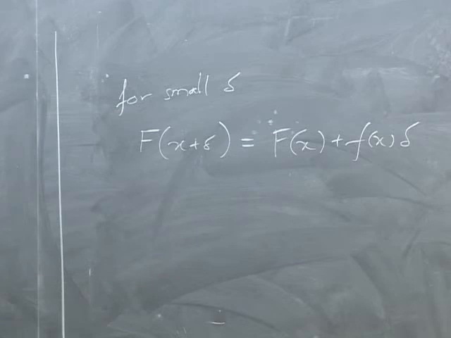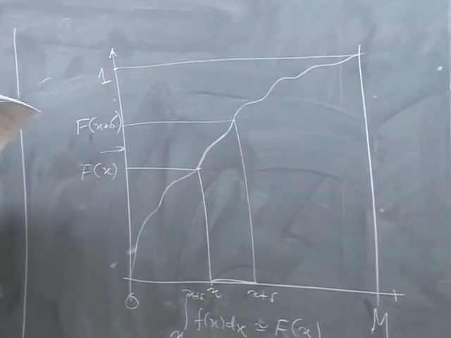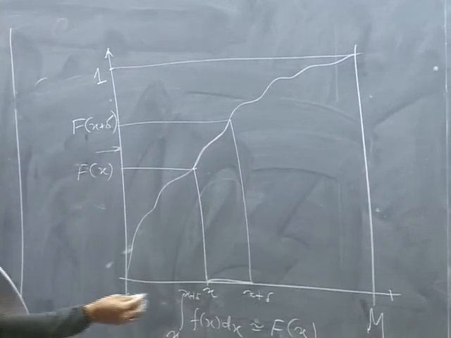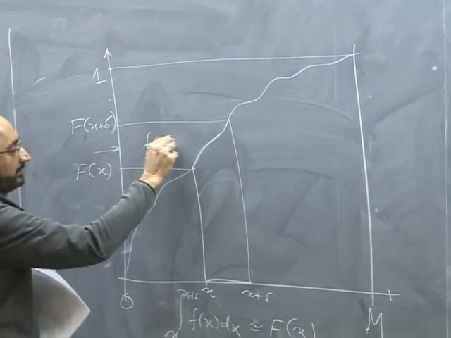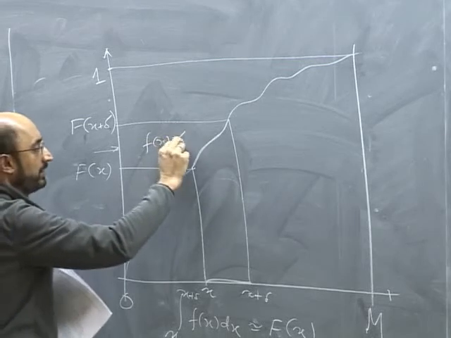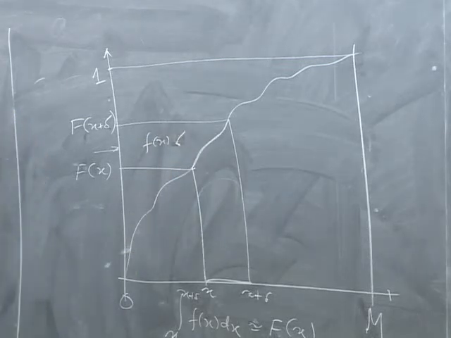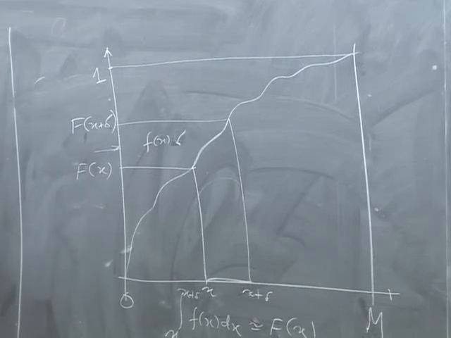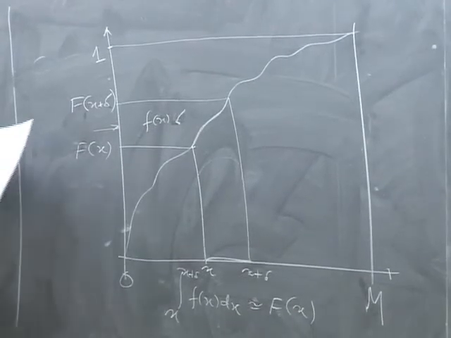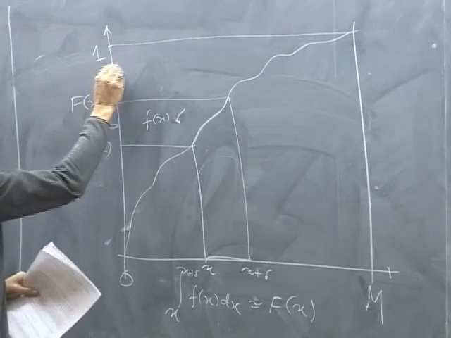We have over here capital F of x plus delta, and this one is capital F of x. So this gap between the two is going to be basically small f of x times delta for small values of delta. So if we have a lot of density in the density function small f, these two values are going to be further apart. And if they're further apart, there's more likely a chance that we're going to select that when we choose uniformly randomly in this range.